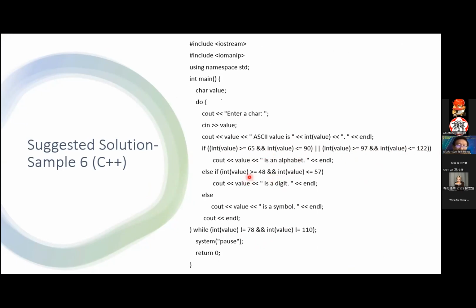But if the ASCII code is greater than or equal to 48 and less than or equal to 57, then this is a digit. Otherwise, it will be the ASCII code for a symbol.